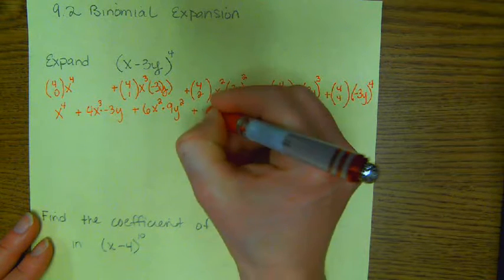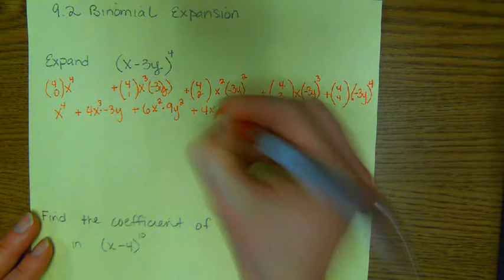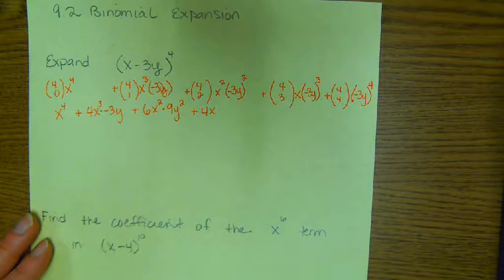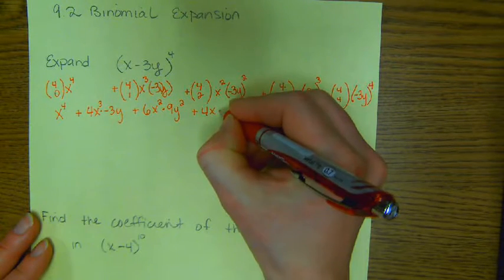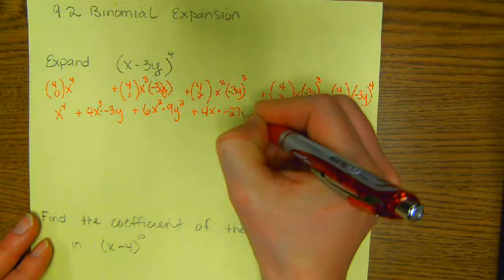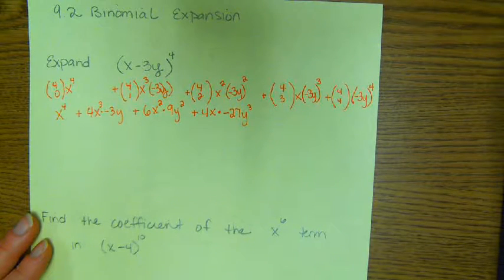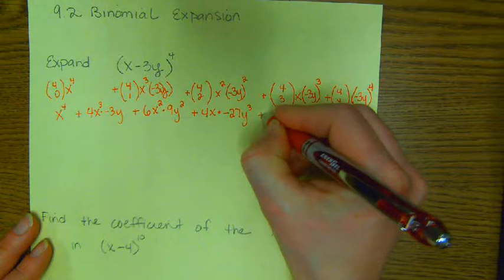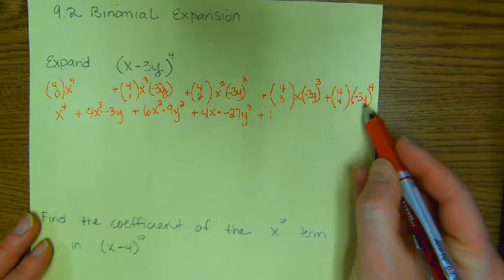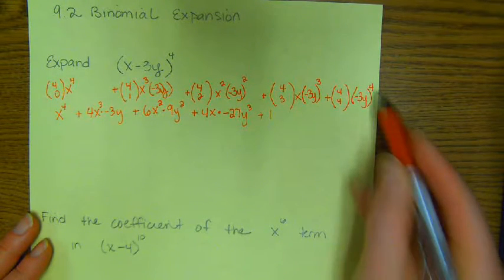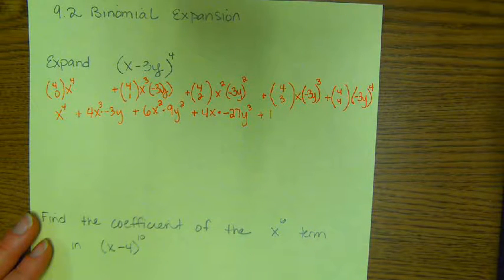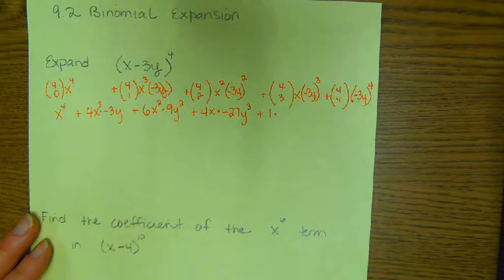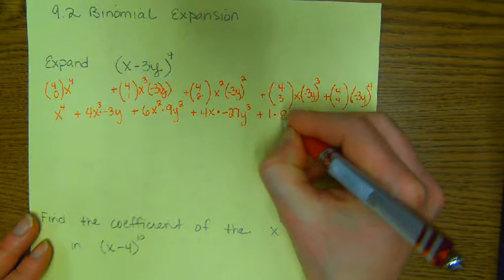And then we have an x. What's negative 3y raised to the 3rd power? Good. Negative 27y to the 3rd. And finally I have 4C4, which is a 1. There's no x term. Negative 3y to the 4th. What is that? Good. Positive 81y to the 4th.